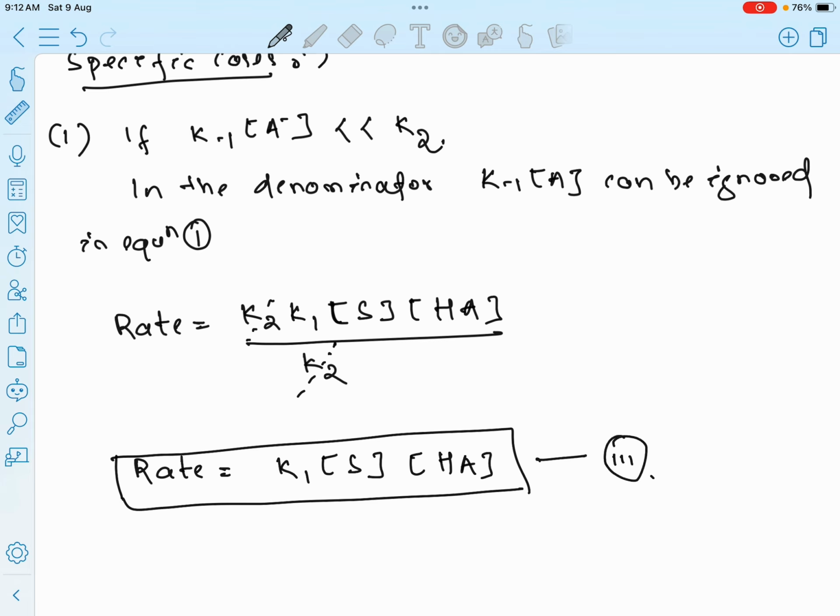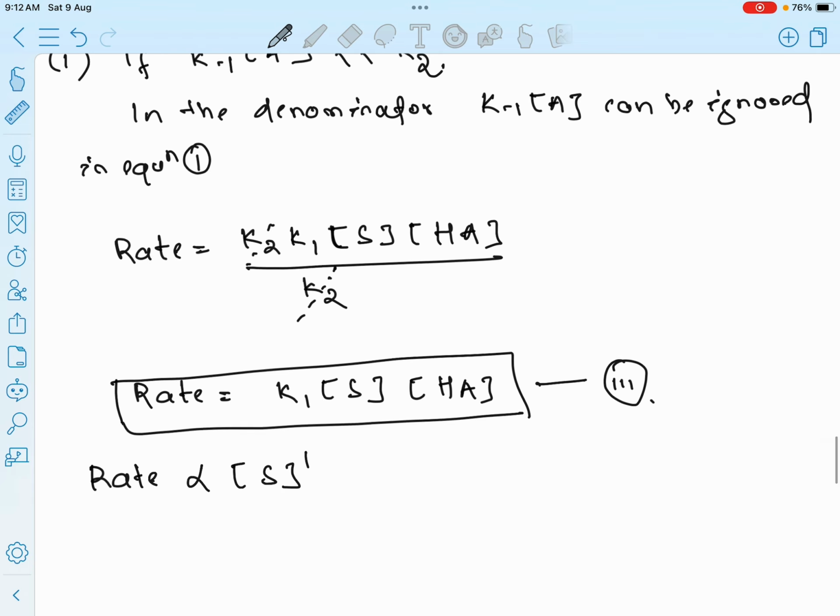That is, your rate is proportional to the concentration of substrate, and also it is proportional to the concentration of acid which we are adding.